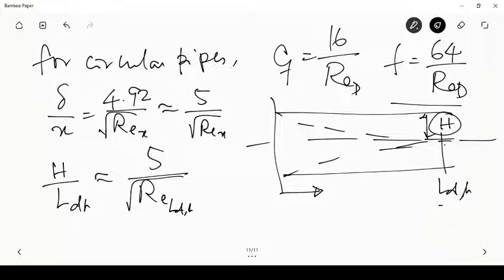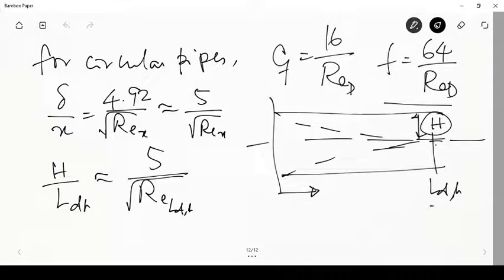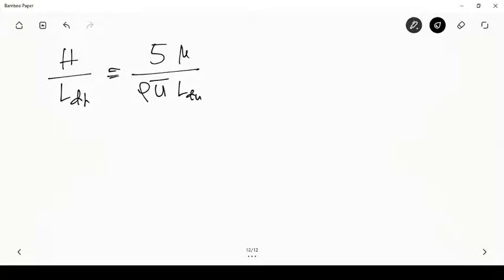Okay, so let us rewrite this. h by L_DH is approximately equal to 5 divided by the square root of rho u bar L_DH divided by mu. Now we would like to write the Reynolds number in terms of 2h, so you multiply and divide by 2h inside the square root.